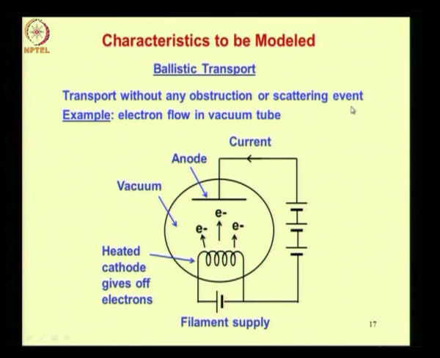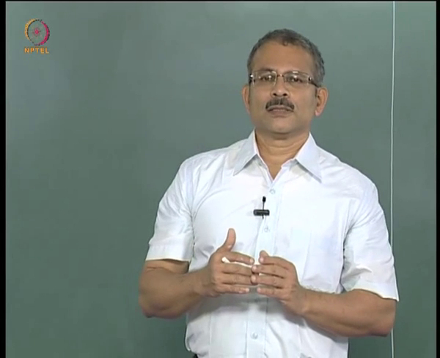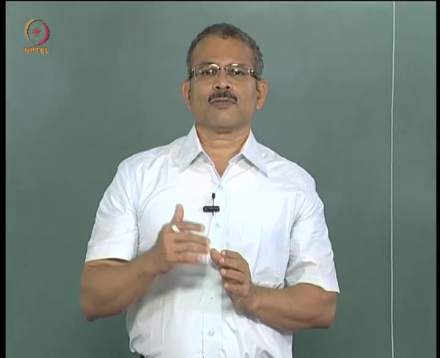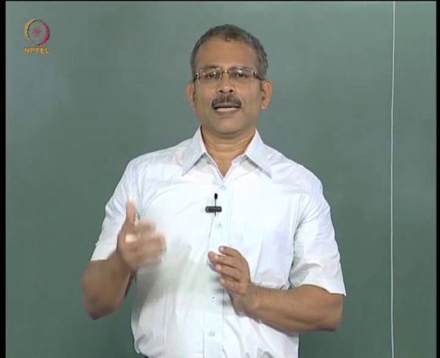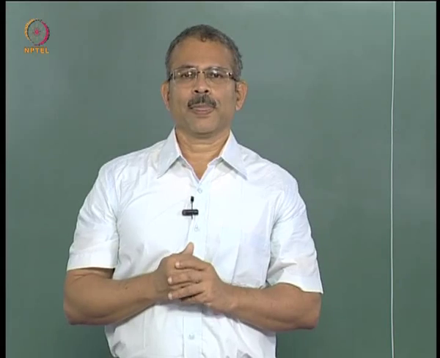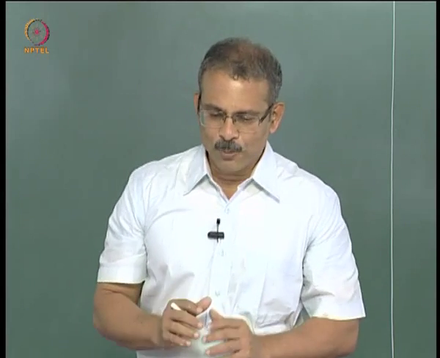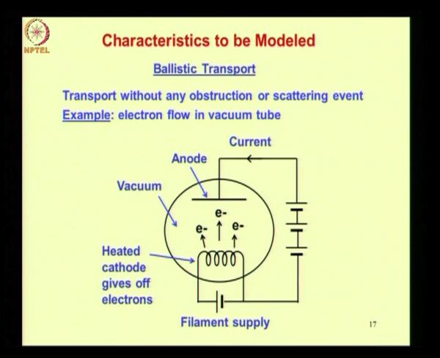Now you know that in semiconductors the electrons encounter a lot of collisions from lattice atoms, vibrating lattice atoms, impurity atoms and other carriers. As against that situation, in a vacuum tube what is shown here is the electron motion from the heated cathode to the anode occurs without any obstruction.